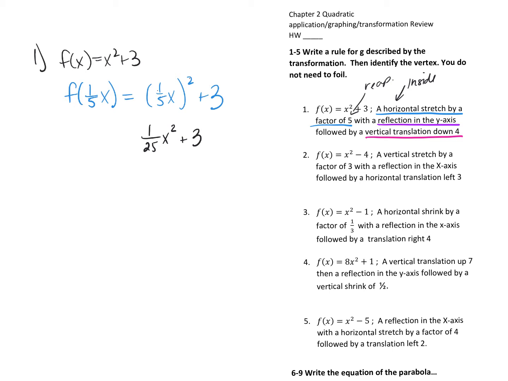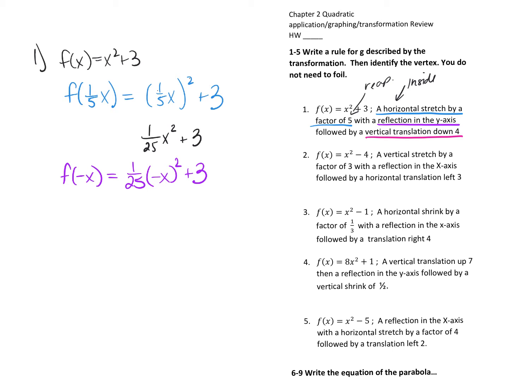Next, the reflection in the y-axis. Y-axis reflection is f of negative x. The negative is inside. So that's 1/25 times (negative x) squared plus 3. Now, because this parabola's axis of symmetry is the y-axis, the square cancels that negative, right?